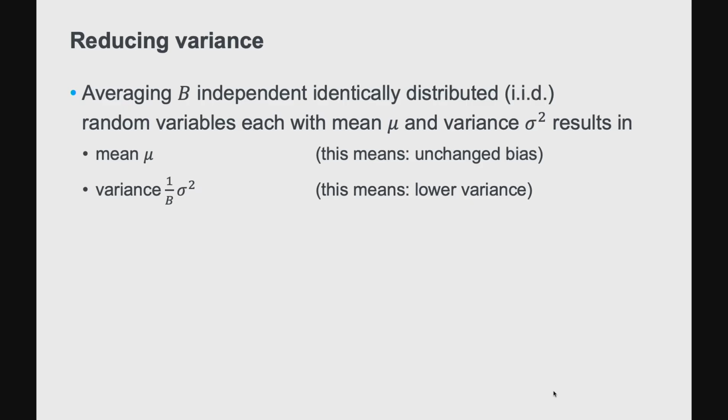Now, let's assume they do not correlate with each other. They are sampled from a distribution, but how I sample the first tree does not influence how I sample the second tree. Of course, they come from the same underlying distribution, which means they are identically distributed. But they are independent in the sense that my first measurement, my first tree construction, does not influence my second measurement, my second tree construction.